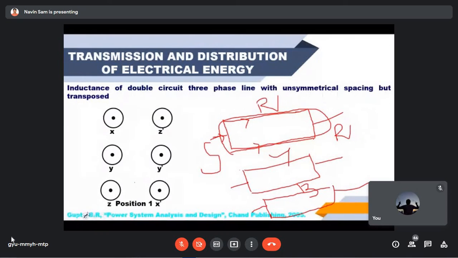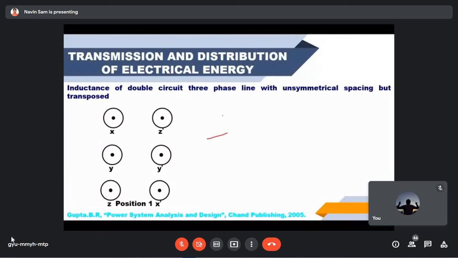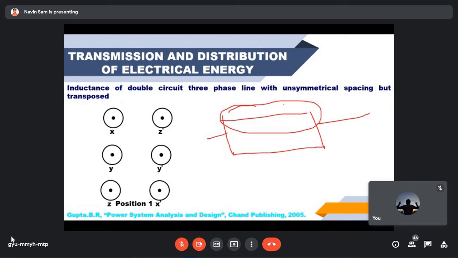Let me assume that if you take two double circuit lines, say this line is damaged, some problem is there with respect to this line, then this line alone can be used for carrying the power. Very simple. So the reliability of the system will be more in this kind of double circuit three-phase transmission line.